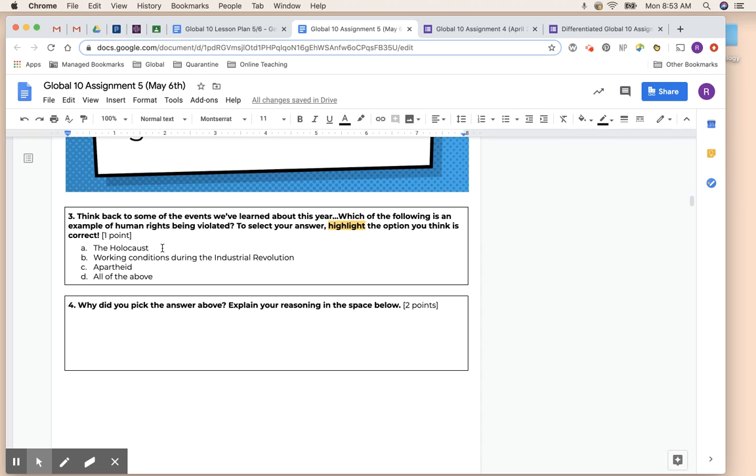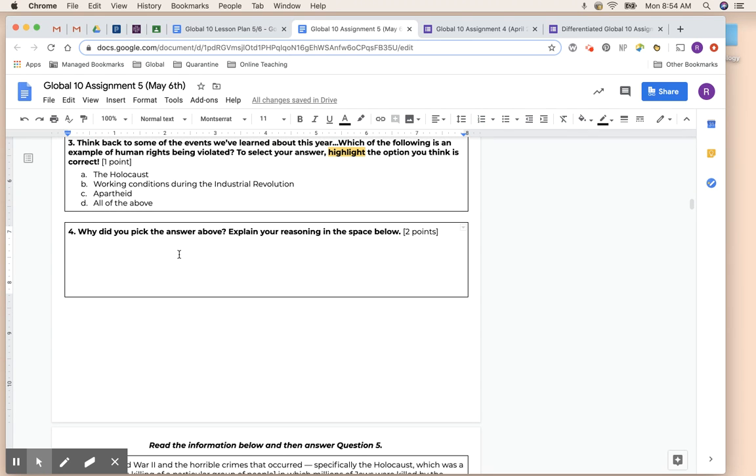The Holocaust, which, remember, is when the Nazis killed millions of Jews during World War II. Working conditions during the Industrial Revolution, which, reminder, were awful. Apartheid, which you learned about two lessons ago, which was the segregation of people based on their race, or all of the above. So you would highlight the correct answer and then move on to the next one.